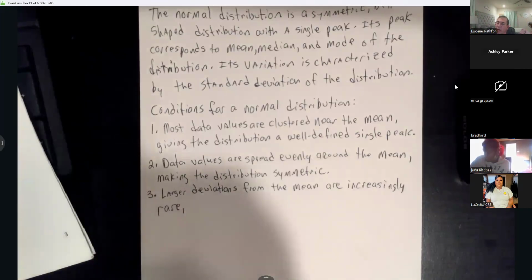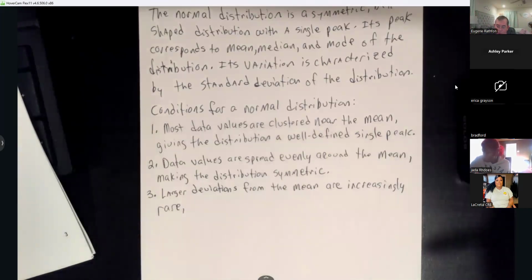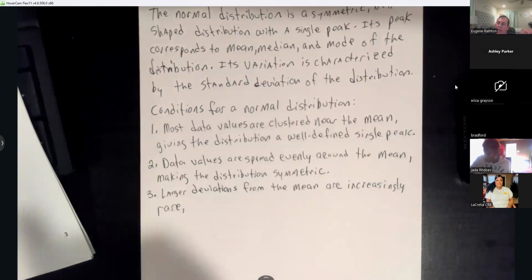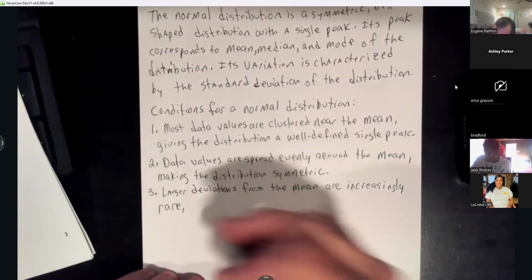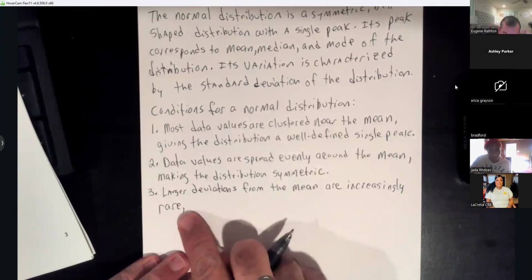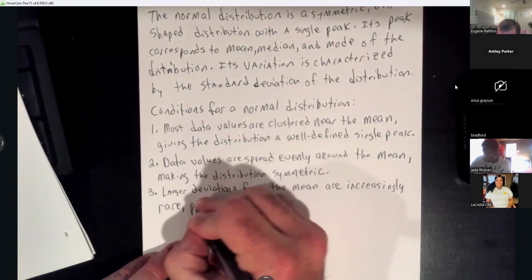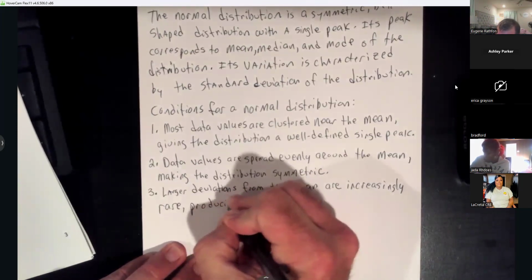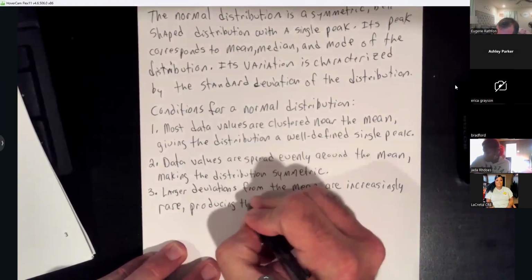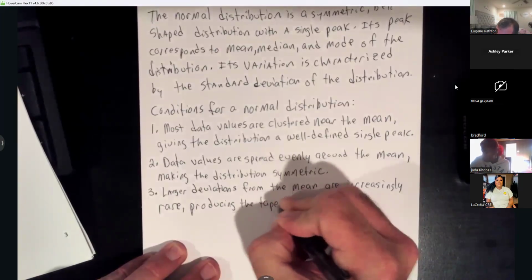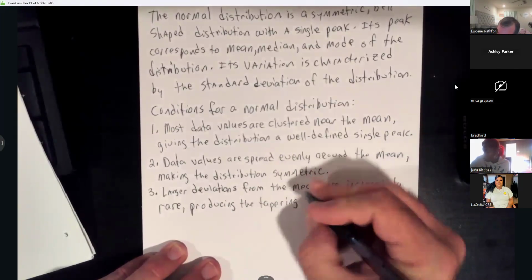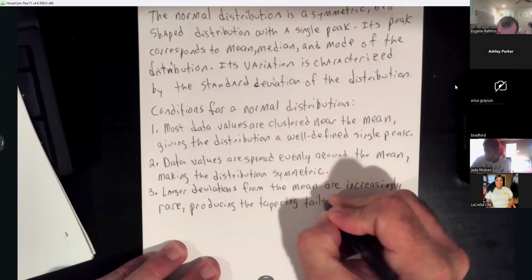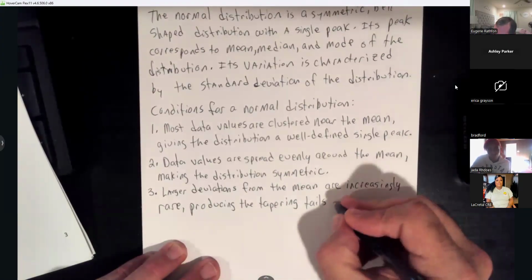So that's what's causing it to sort of taper out and look like little tails. So they're increasingly rare, producing the tapering tails of the distribution.